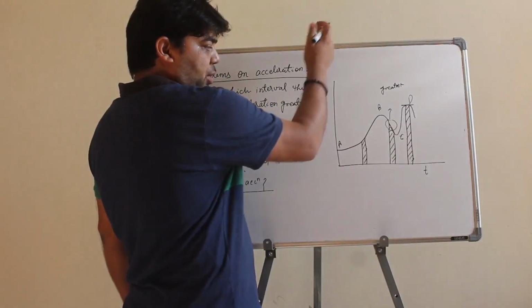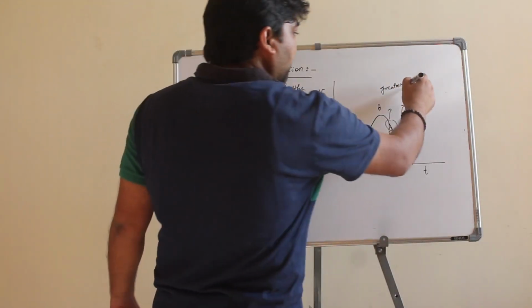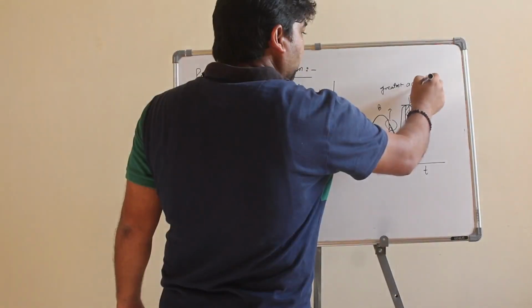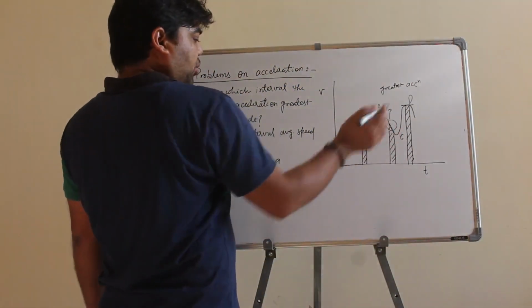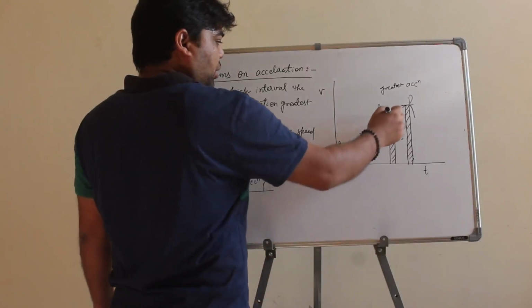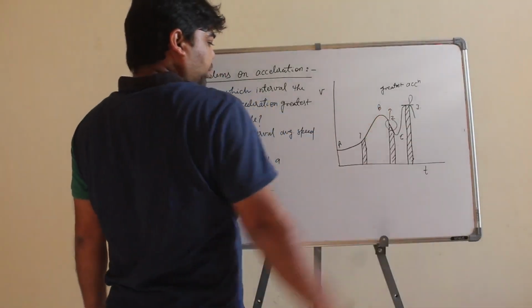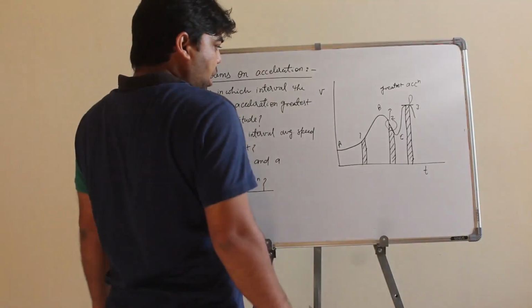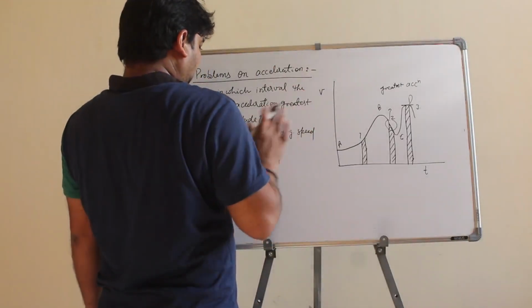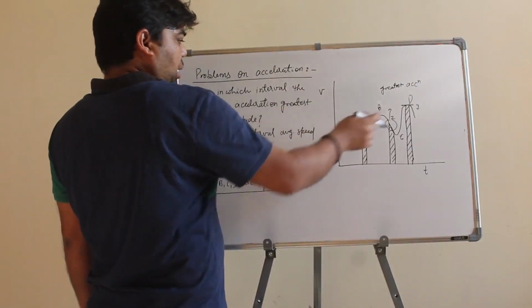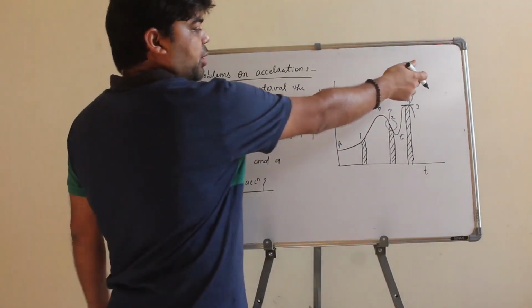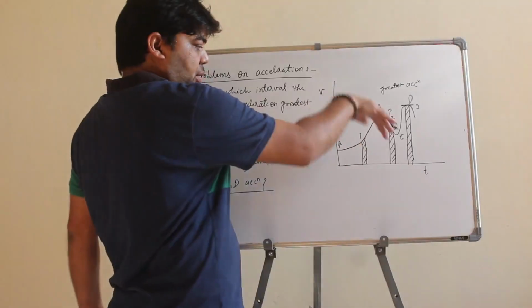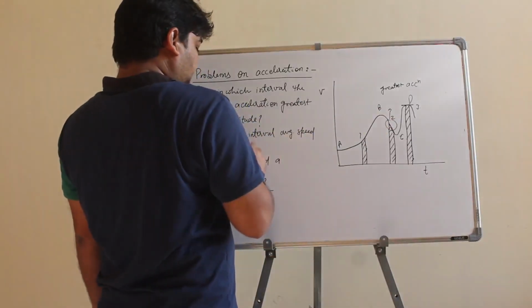The answer will be interval 2. Why are we saying magnitude? Because it is retardation. Basically, velocity is decreasing.